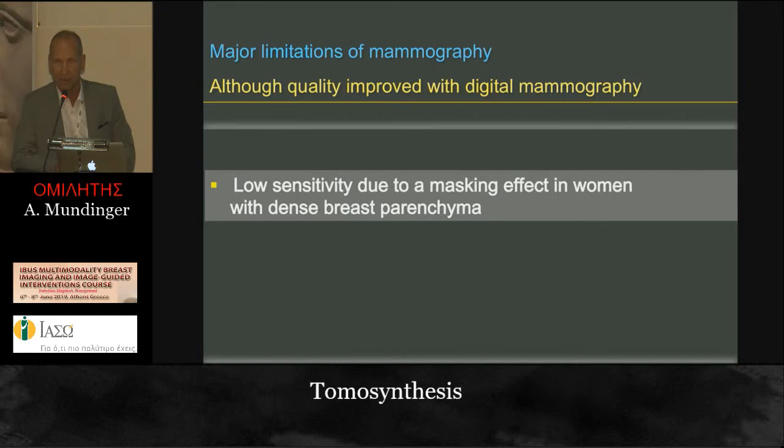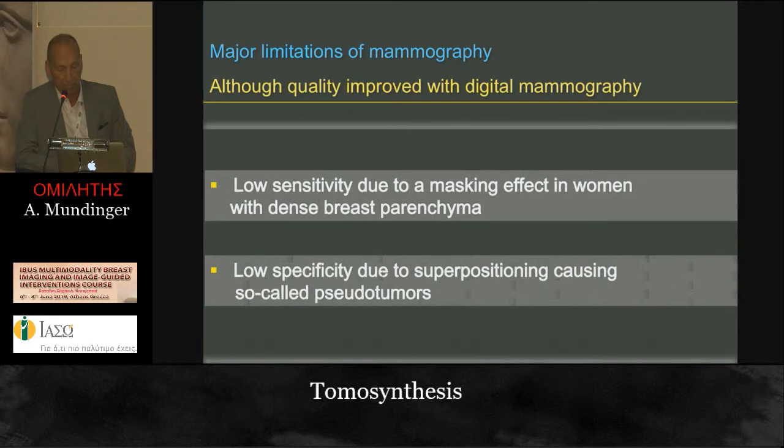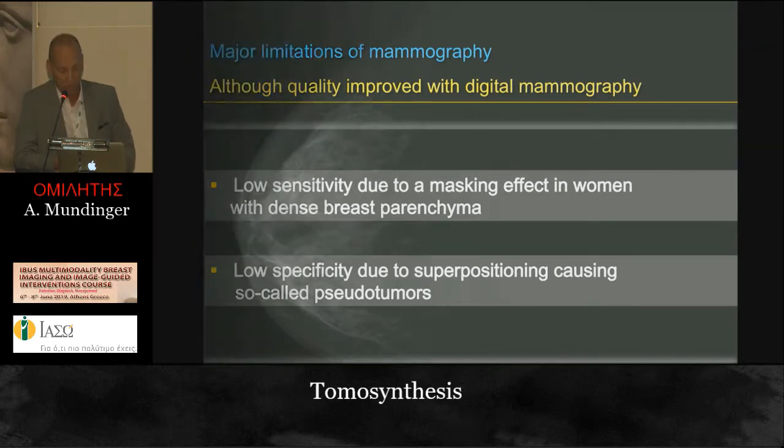Let me add this at an ultrasound course, because mammography has a low sensitivity. In particular, there is a masking effect in women with dense breasts, and there is a reduced specificity due to superimposing structures that cause so-called pseudotumors.